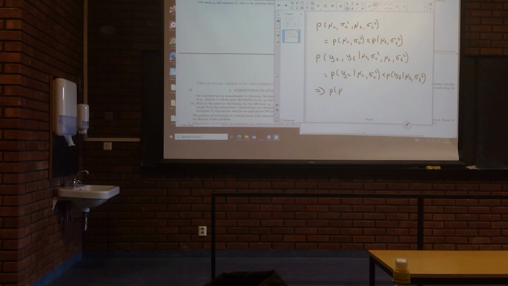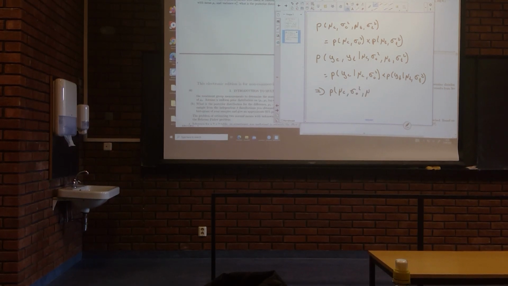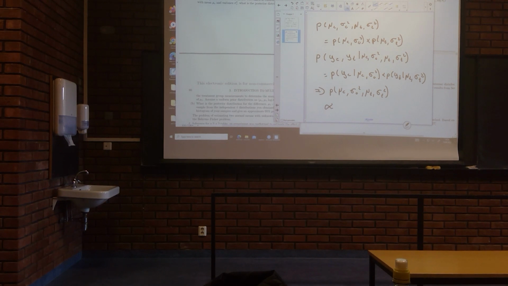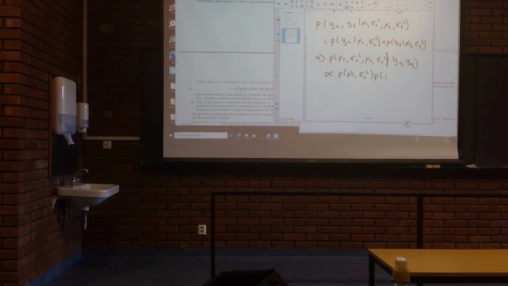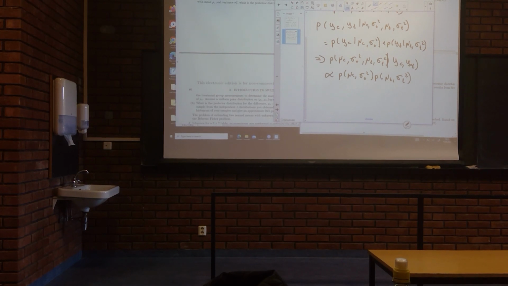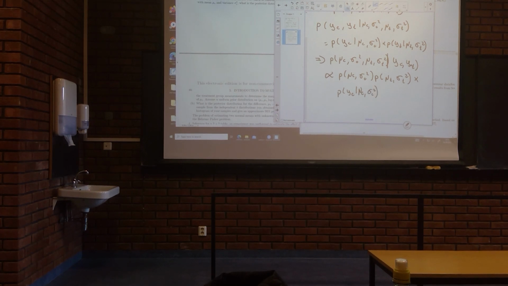So if we now look at the posterior of mu_c, sigma_c squared, mu_t, sigma_t squared, well, that is proportional to the prior, which we could write as p of mu_c, sigma_c squared, mu_t, sigma_t squared, times the likelihood, which could be factorized into one term only involving the control group and one term only involving the treatment group.